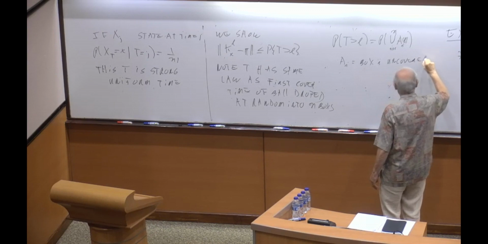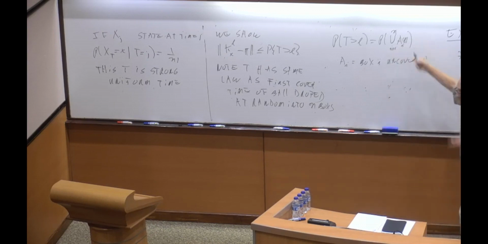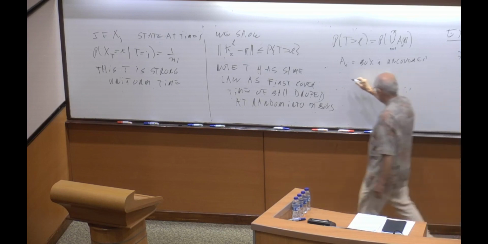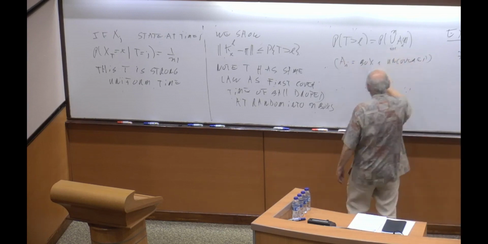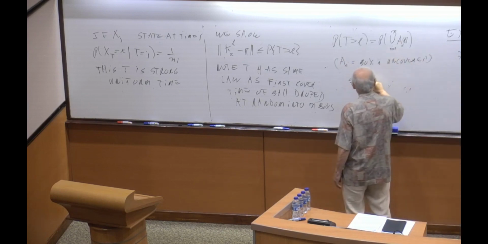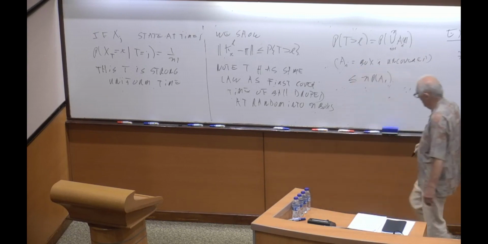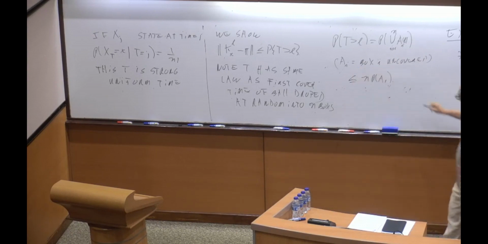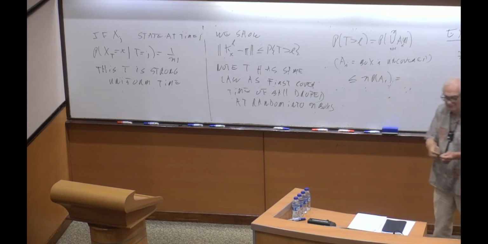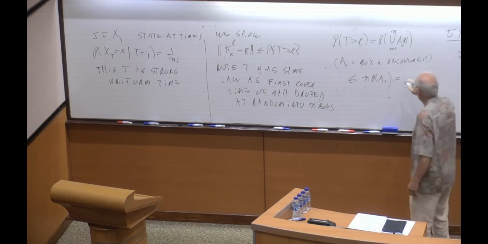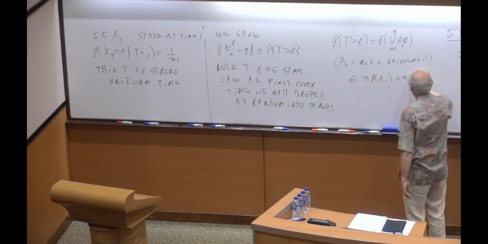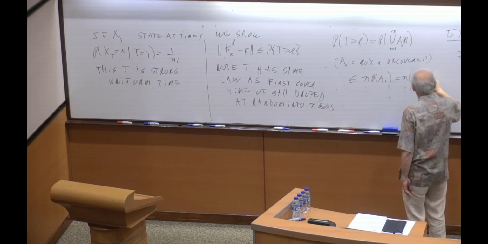No ball dropped in box i after L balls have dropped in. Well, that's, by a union bound, less than or equal to n times the probability that the first box is uncovered, and obviously, if you're dropping balls in, that's equal to n times (1 minus 1 over n) to the L.